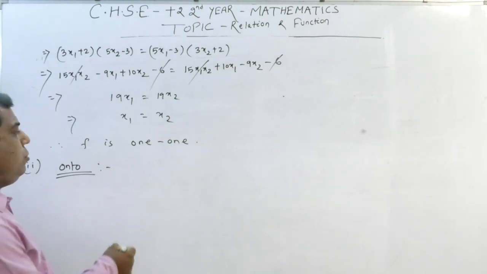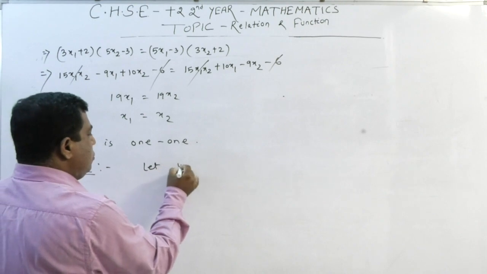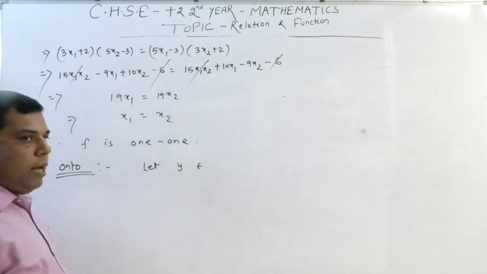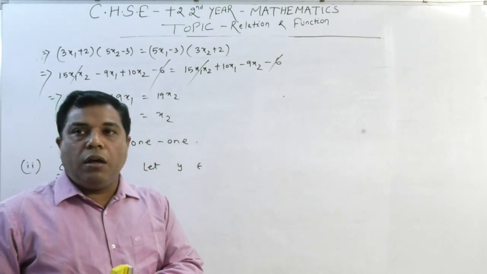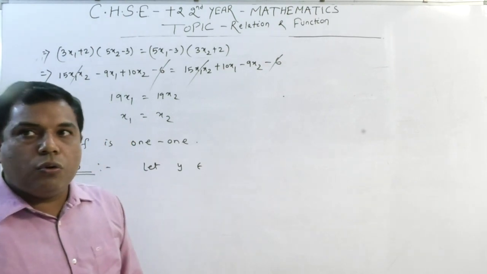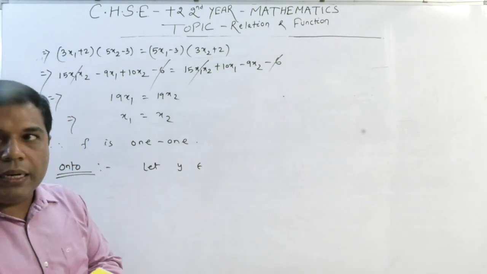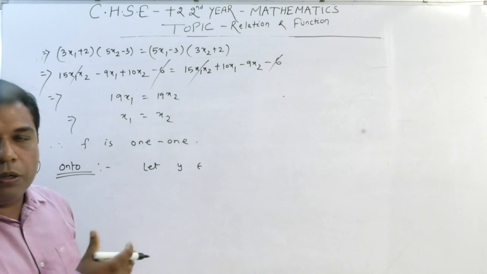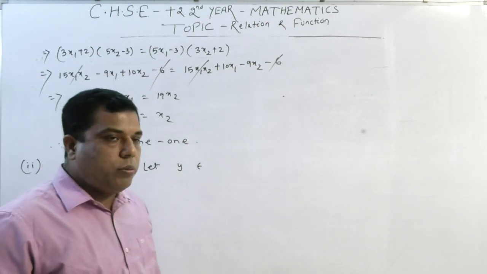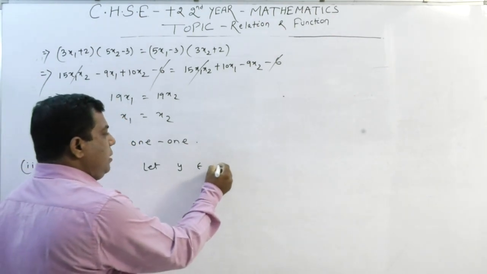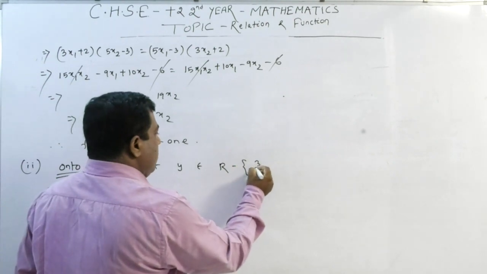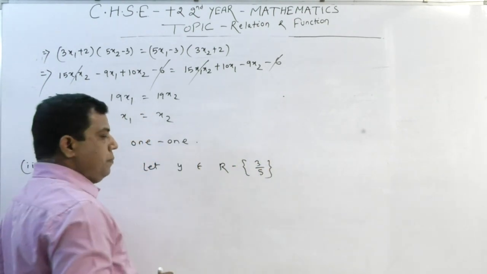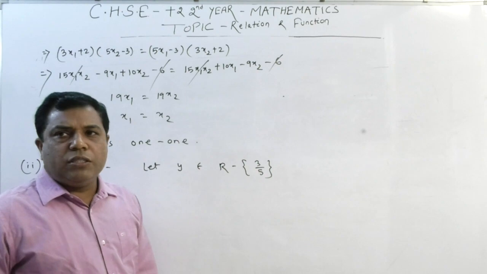So for it, what do we do? Let y belong to the codomain set. So what is the codomain set? It is R minus 3 by 5, as we wrote previously. Okay, that is the codomain set.